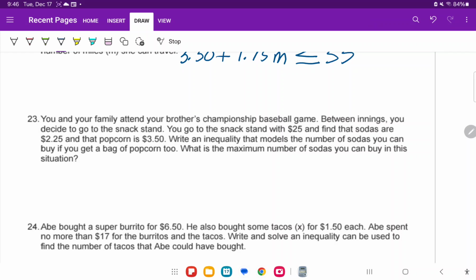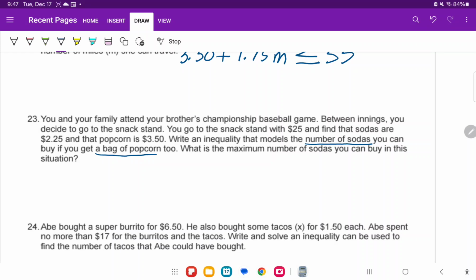So the question is, how many sodas can you buy? So you're only getting one bag of popcorn, right? So I think what they're asking is the number of sodas if you get only one bag of popcorn as well, right?